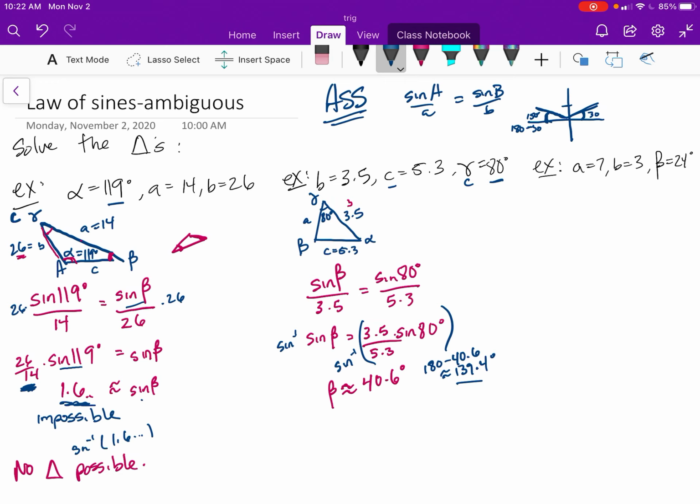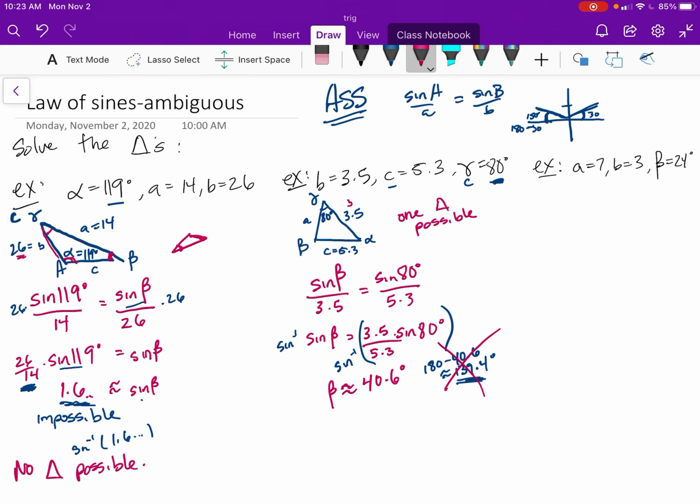We don't even have alpha, we don't even have our third angle, and I know that I'm greater than 180 just summing those two angles. So in this case, it doesn't work. Therefore, I only have one possible triangle. Okay, I can only get one, and beta has to be 40.6.